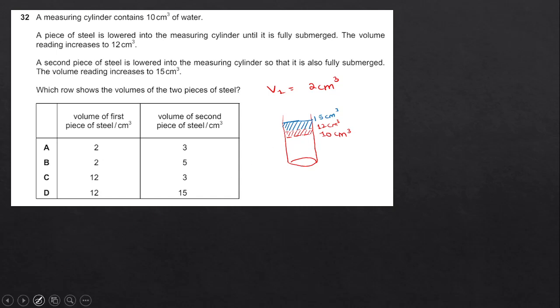Now if I want to find the volume of the second piece of metal, we have to find the increase in volume. Initially the volume was 12 cm cube. Now it increased to 15 cm cube. So the change in volume is only 3 cm cube. So the volume of the first piece of steel is 2 cm cube and the volume of the second piece of steel is 3 cm cube. So the correct answer is option A.